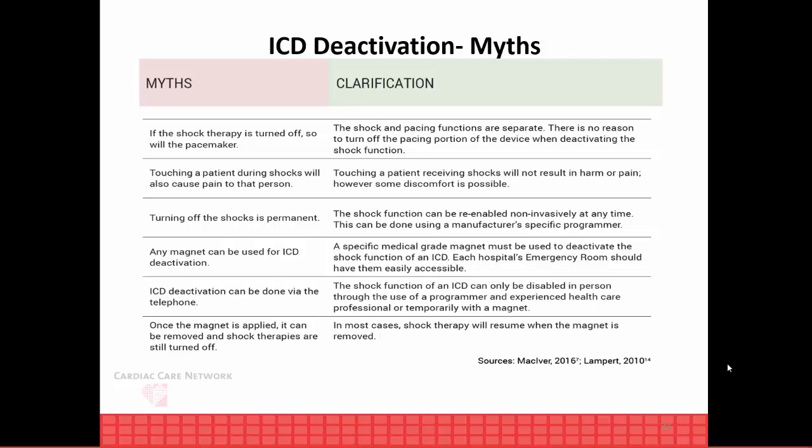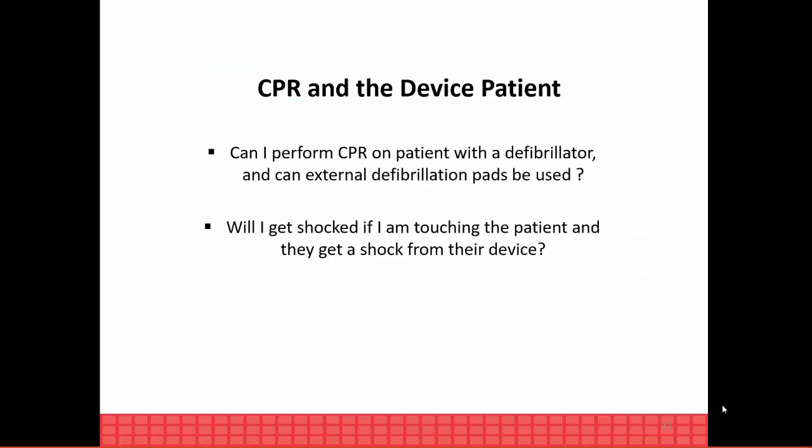So CPR on the device patient. Can I perform CPR? Absolutely. You can perform CPR. The device will be delivering shocks. If you want to place, you will be placing external defibrillation pads, and that's perfectly fine. Just don't place the pads directly over the device.